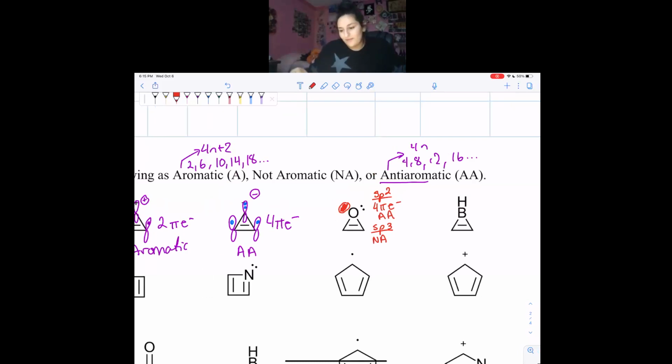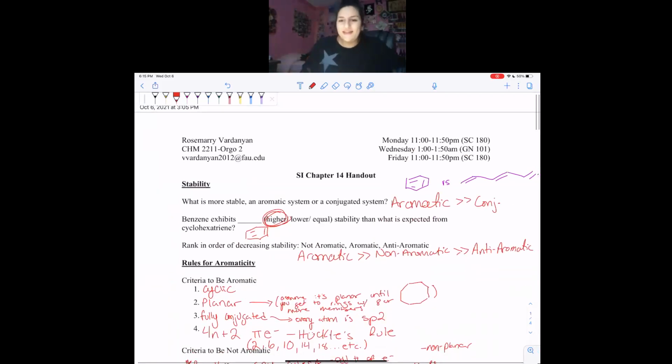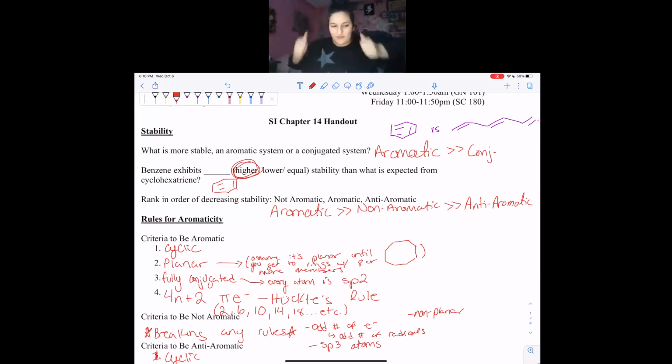Okay, let's run really quick up here. I'm going to stress this really hard because this is super important in this chapter. Aromatic is wonderful. We love aromatic, top tier, super stable, awesome. Anti-aromatic is awful.